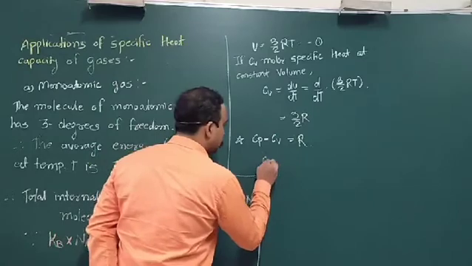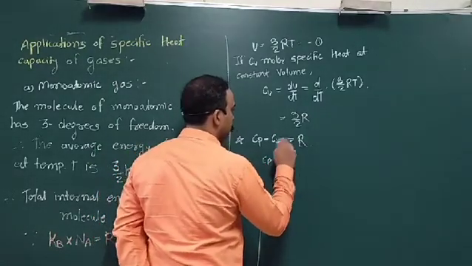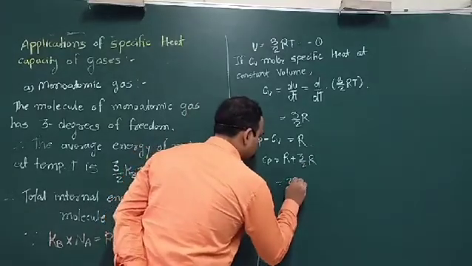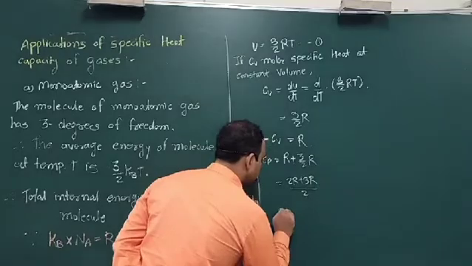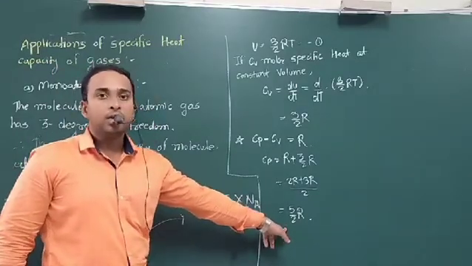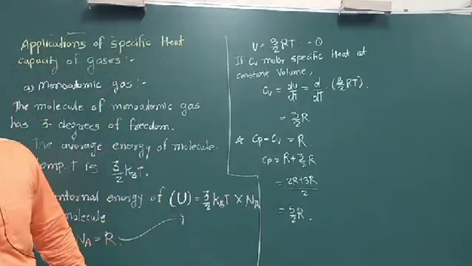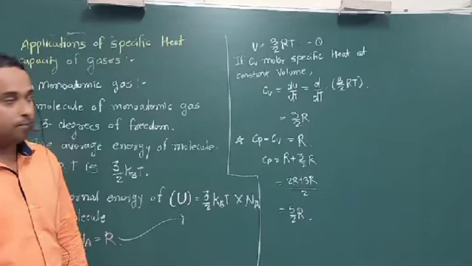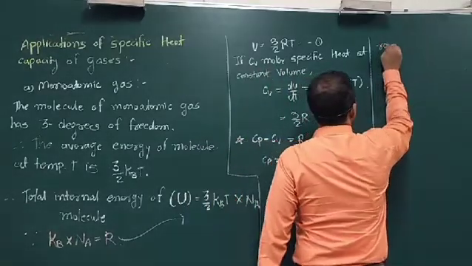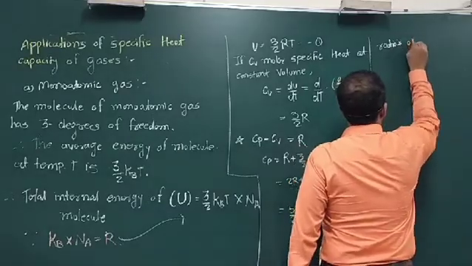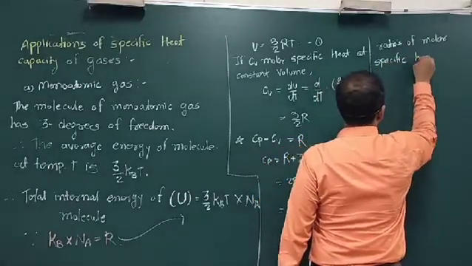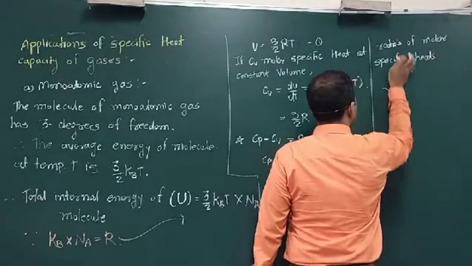So substituting the value, we get Cp is equal to 5/2 R. The ratio of molar specific heats is denoted by gamma.